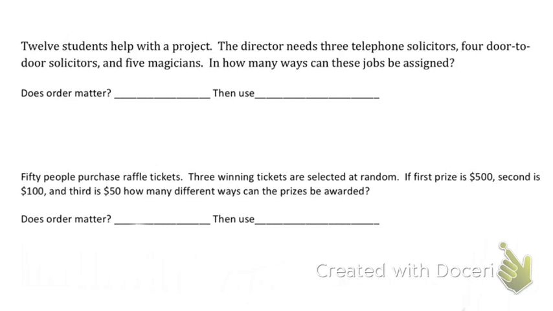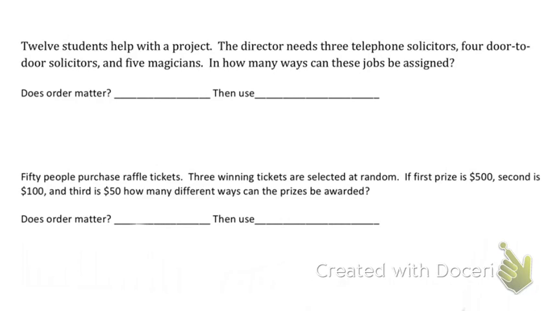So I'm going to stop reading after the director needs 3 telephone solicitors. I'm going to stop right there. Does that sound like combination or permutation if I'm just picking 3 people to work the telephones? Does order matter? It is combination, because you're a telephone operator.